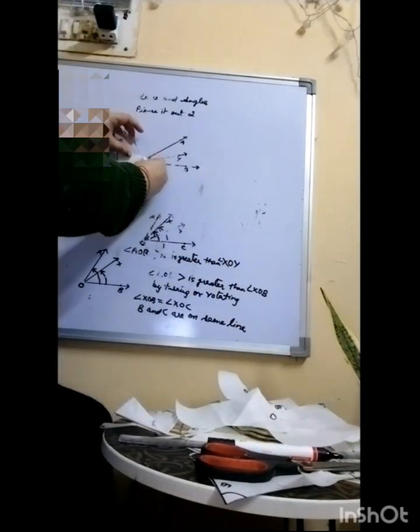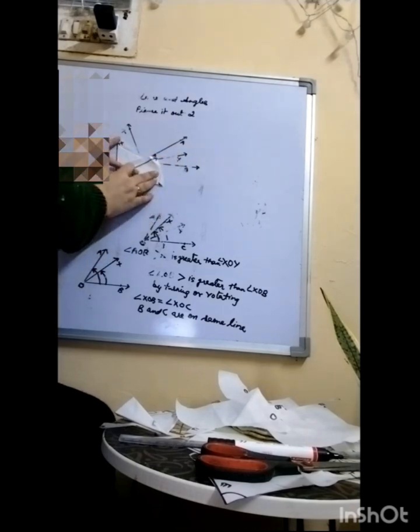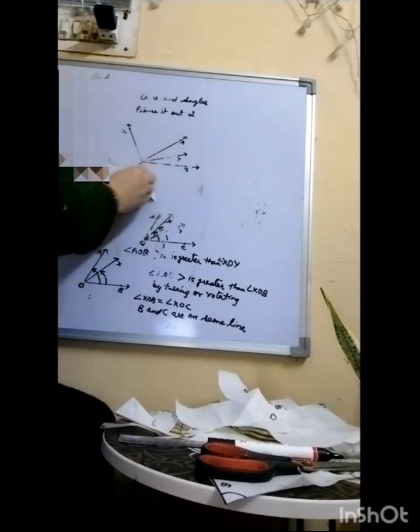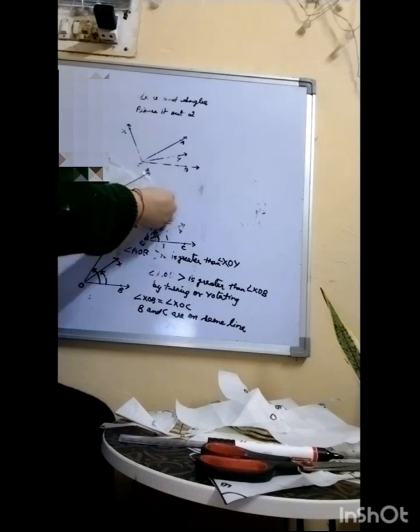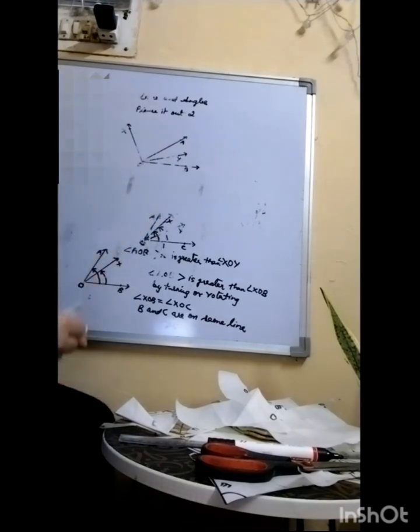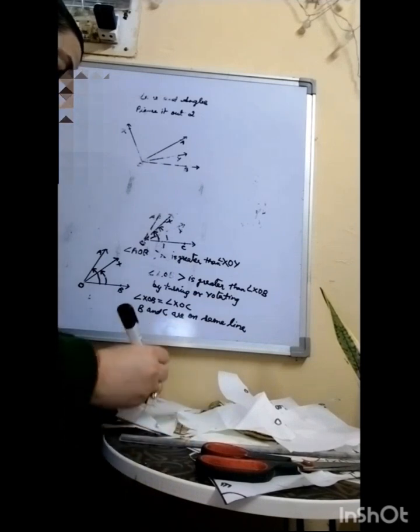So these two are the angles XOY and AOB. So AOB is much smaller than XOY. You can paste this in your notebook and show that XOY is much greater than AOB. So this is how we are going to do this question.